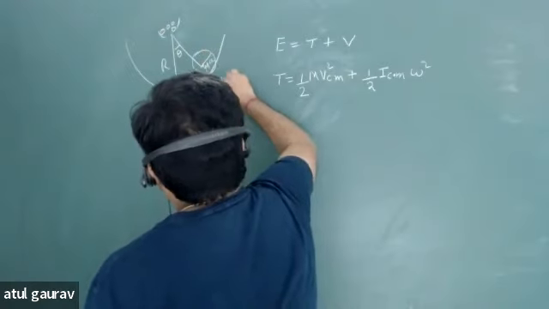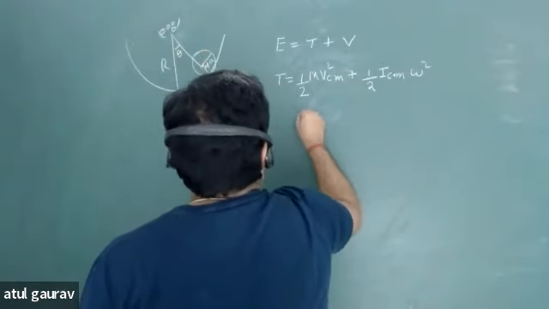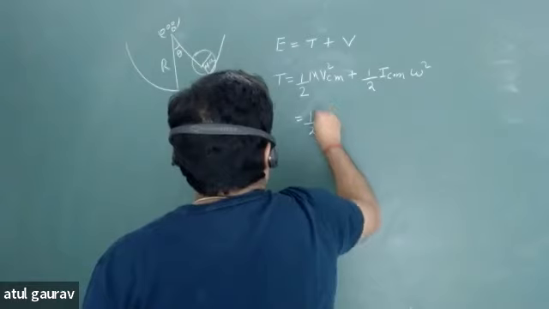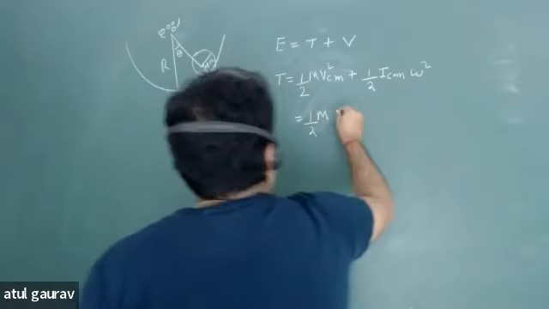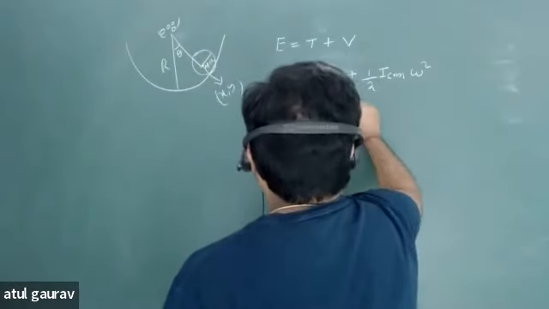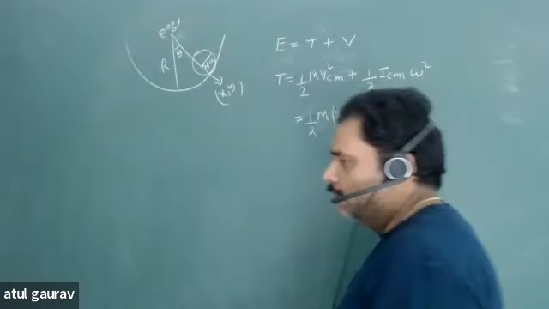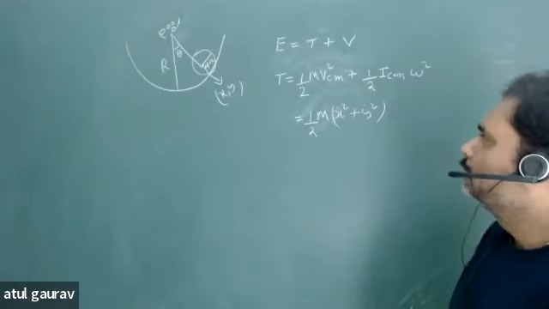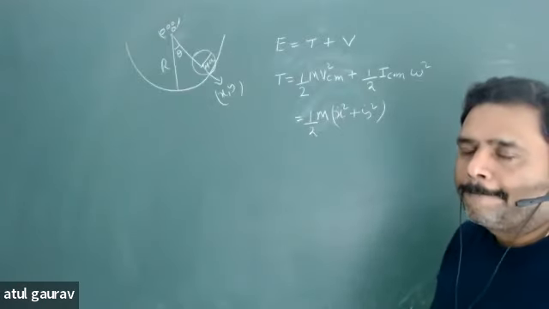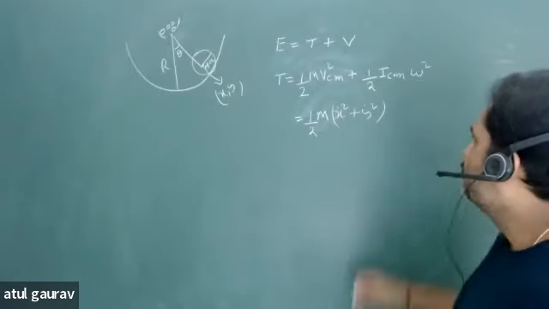Let's say this coordinate is x and y. So what will be the kinetic energy? Half m times x dot square plus y dot square, the velocity of the center of mass. Yes or no? Yes, sir.